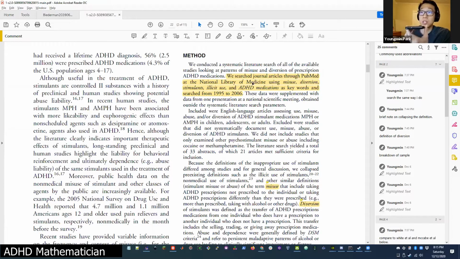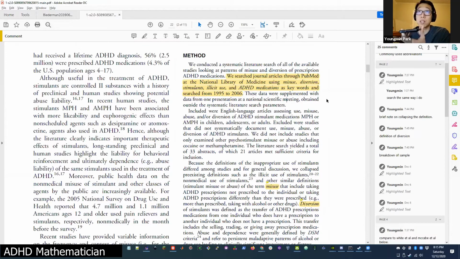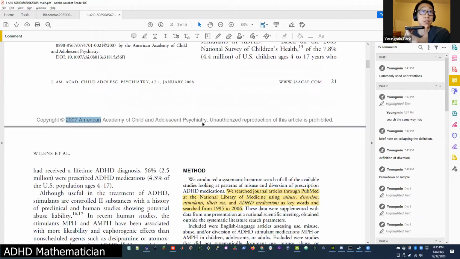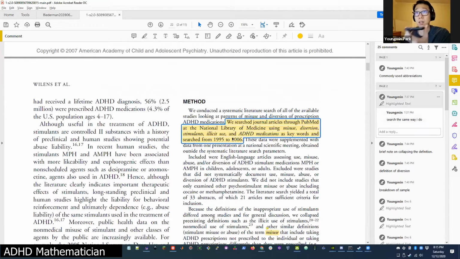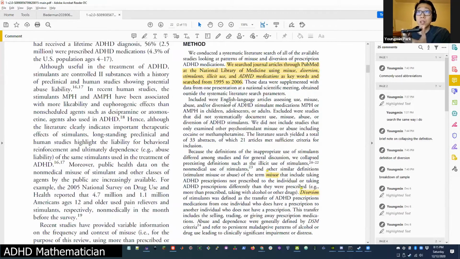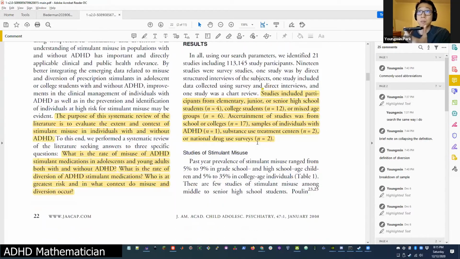So they basically use a search engine, with the terms misuse, diversion, stimulants, illicit use, and ADHD medications, and searched between 1995 and 2006. This paper was published in 2007, so the search criterion makes sense. And they go into a little detail about whether or not they excluded or included things.